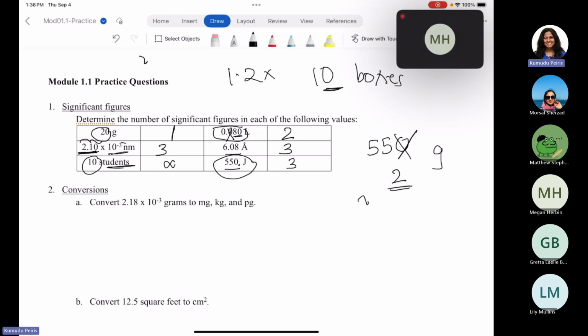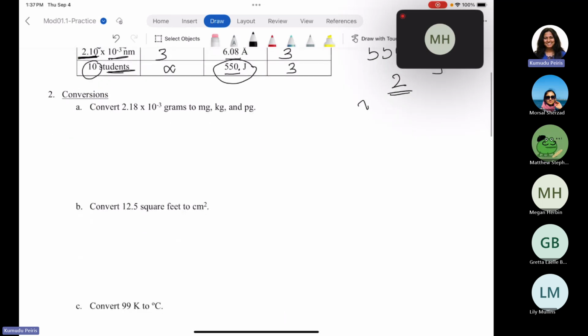So we don't depend on that number, but we'll give the final answer with two significant figures because our answer should consider the number of significant figures given with that 1.2. Okay, I understand. Thank you. You're welcome. Okay, right. Let's go to the next question then.